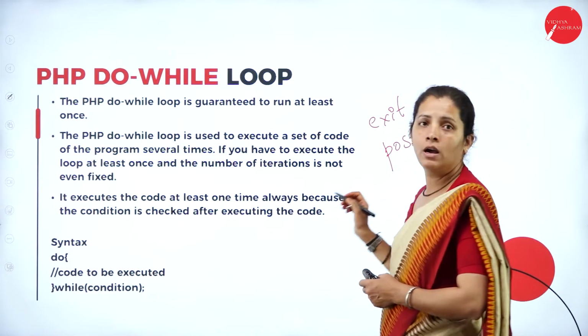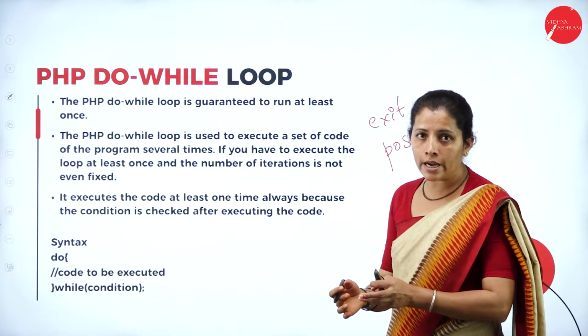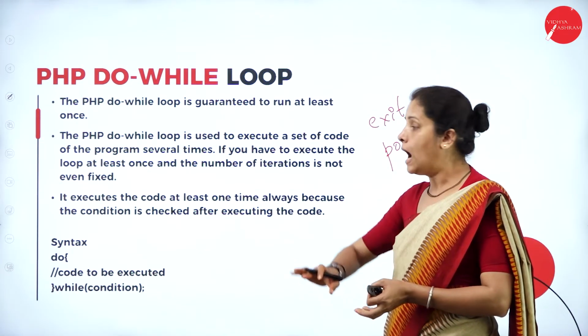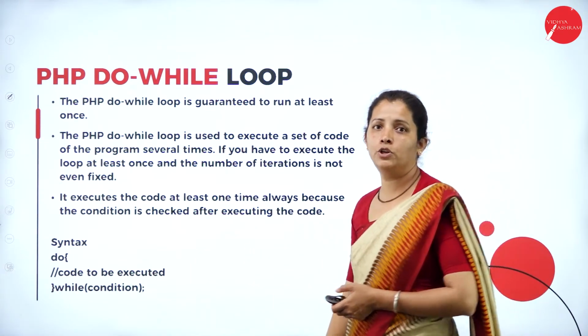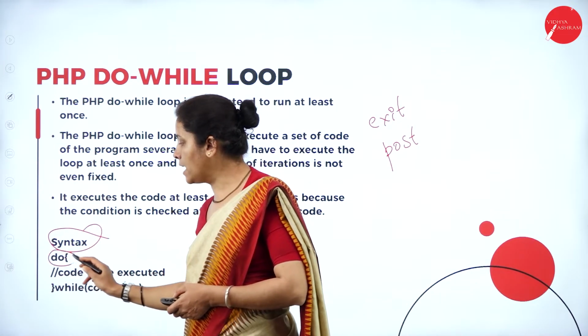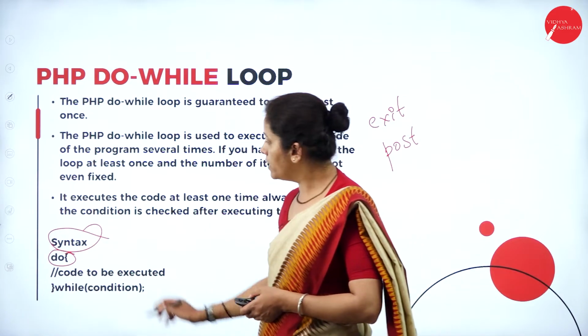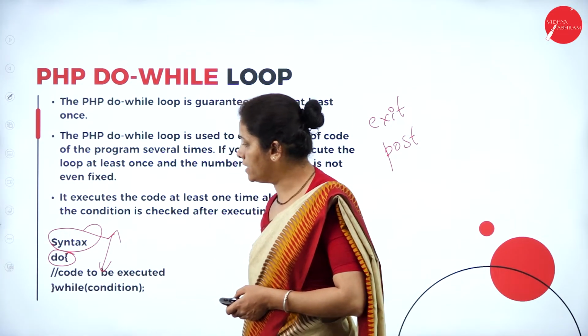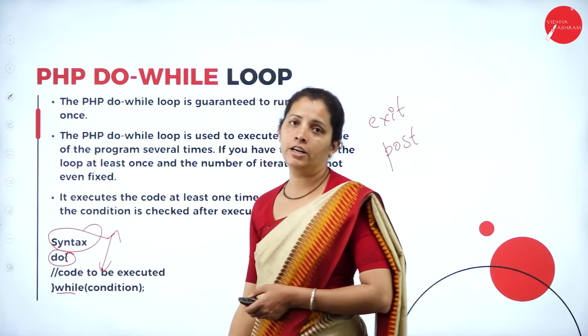So it's going to allow executing the statement at least once, and at the end we are going to check the condition. If I see the syntax here, I'll start with the keyword do. I'm going to have a set of statements and I'll check the condition.